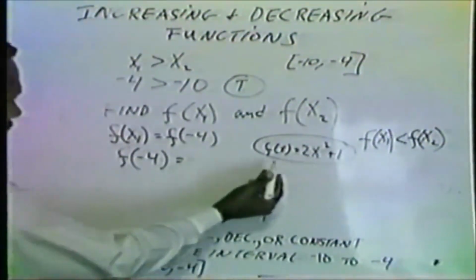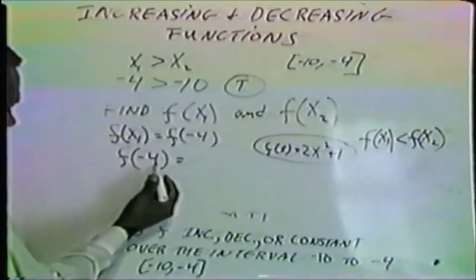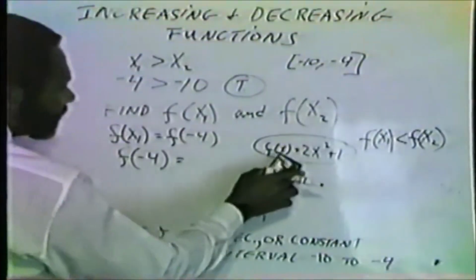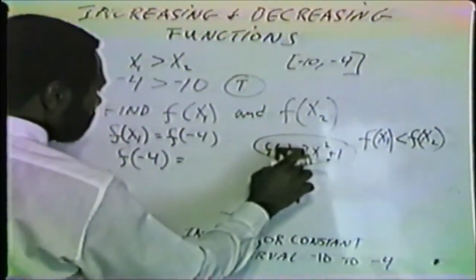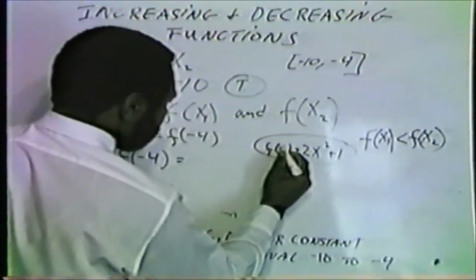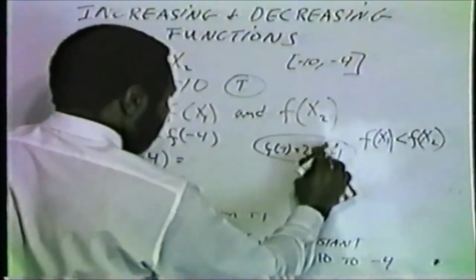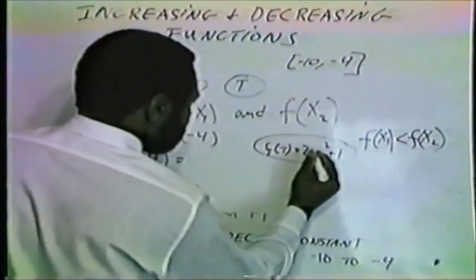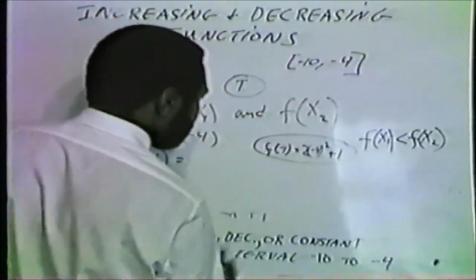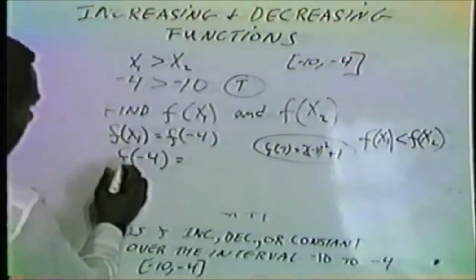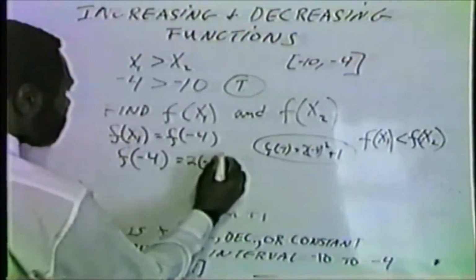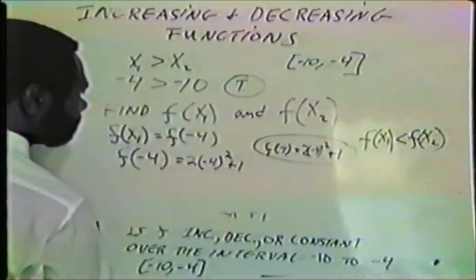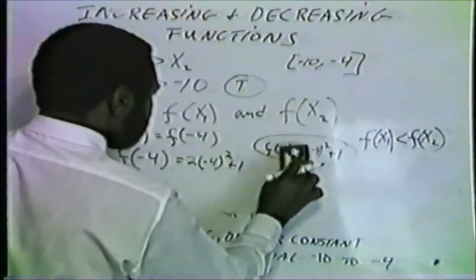So to find f of negative 4, everywhere we have x in the equation of our function, we substitute negative 4. So I will substitute negative 4 where I have x, and here I have x squared, so I would have negative 4 squared. So f of negative 4 is equal to 2 times negative 4 squared plus 1.